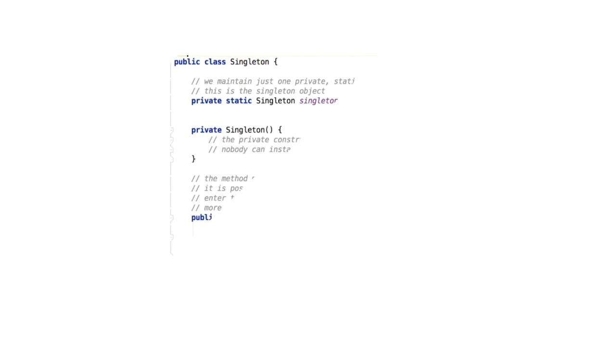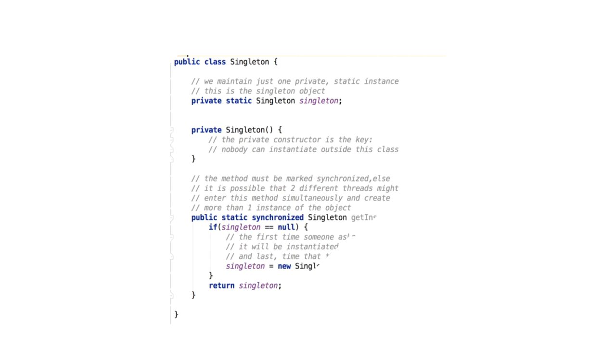Let's see what code looks like to create a singleton. Take a look at the code on your screen. You have a public class named Singleton, and it has a whole bunch of members in it. Just take a moment, look at what's on your screen, and then we'll talk about each of these in turn.